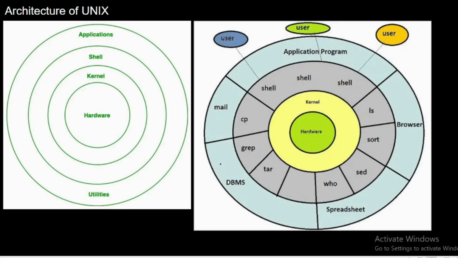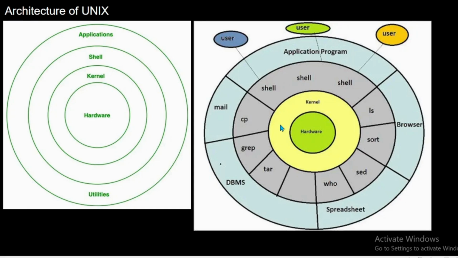Now, let us understand the architecture of Unix. Unix has 5 layers: the hardware layer, next the kernel layer, then the shell, next the application or utilities, and at last the user level.